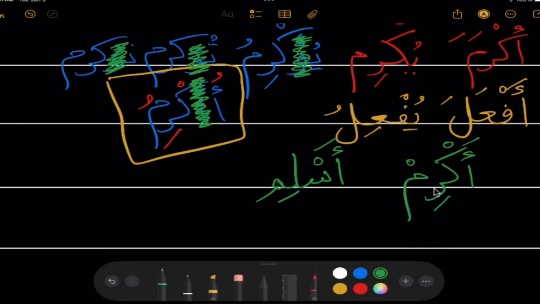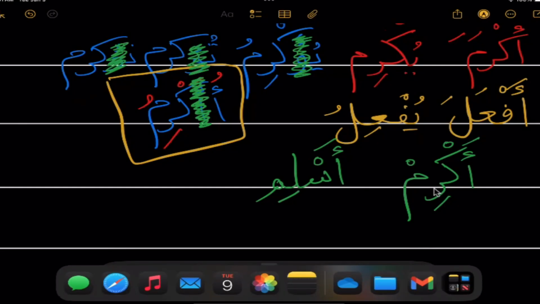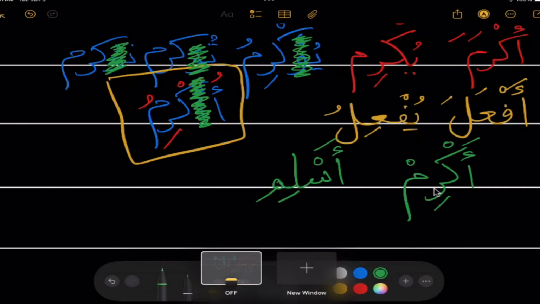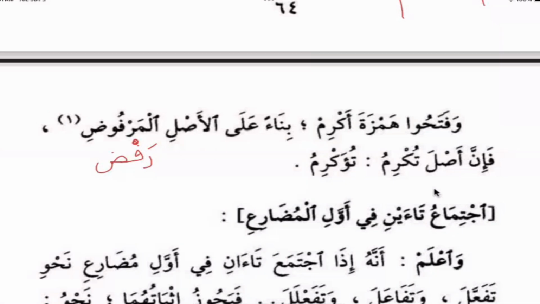Imperative verb. Okay. So that's what the author says here. That's the meaning of what he said here. وَفَتَحُوا هَمْزَةَ أَكْرِمْ بِنَاءً عَلَى الْأَصْلِ الْمَرْفُوضِ. They gave a fatha to the hamza in akrim based on the disregarded origin, that disregarded hamza.